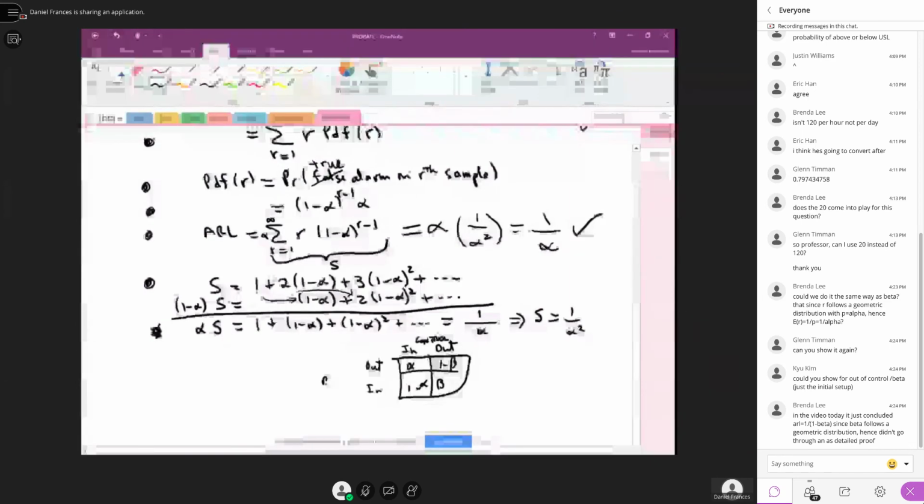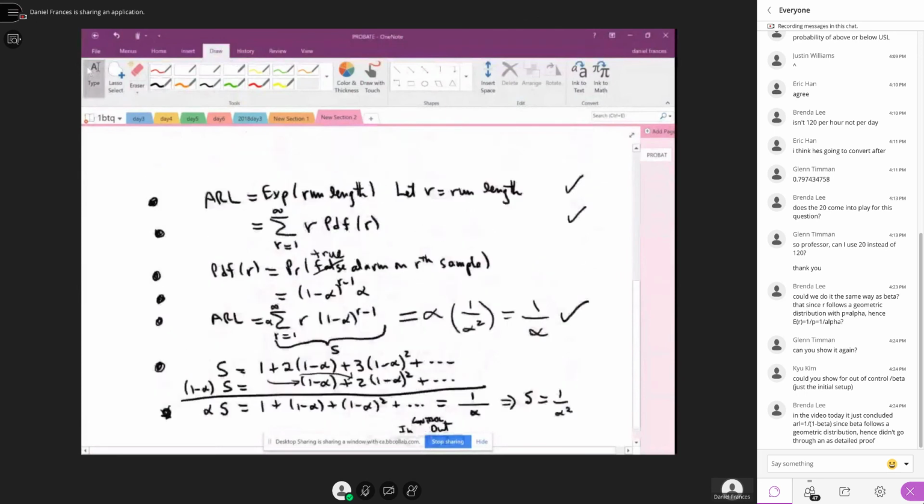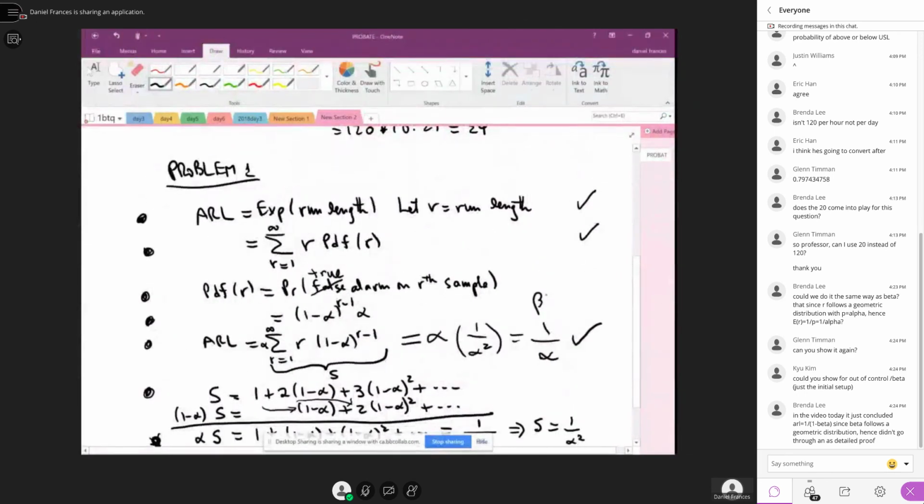So for the in control, I had so many 1 minus alphas, and then I finally had an alpha. For the out of control, I'll have so many betas, and then I'll have 1 minus beta. So this turns out to be beta to the R minus 1, and then 1 minus beta.